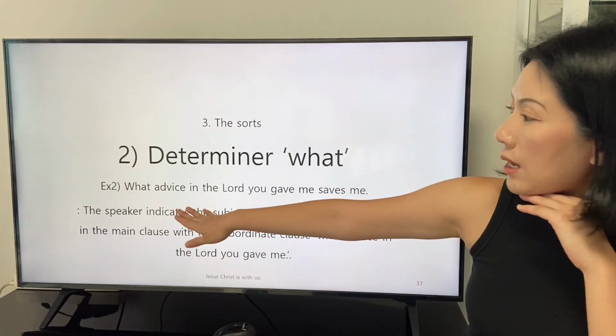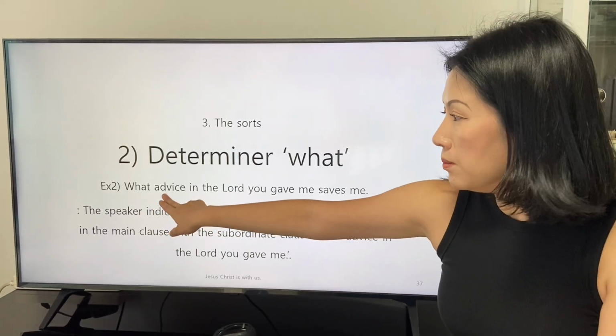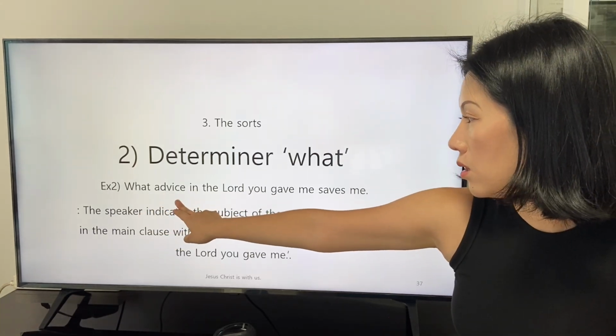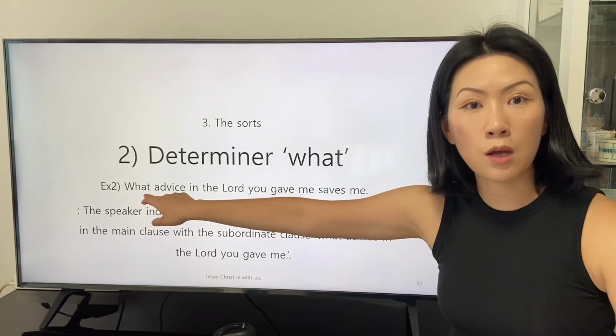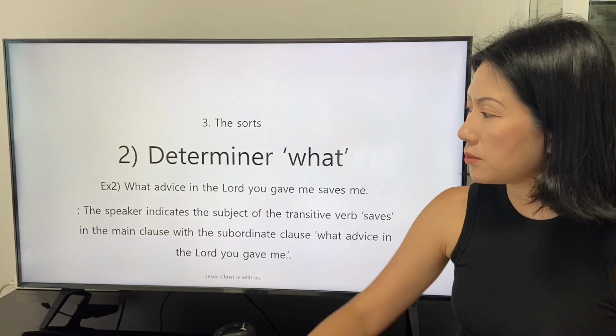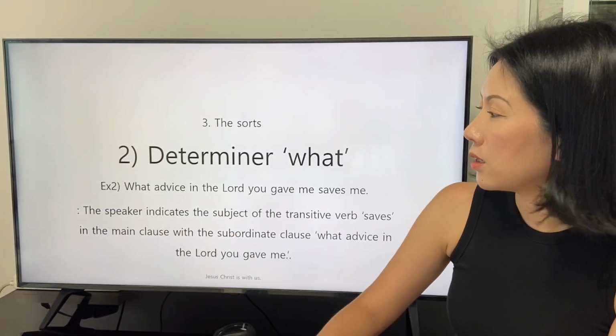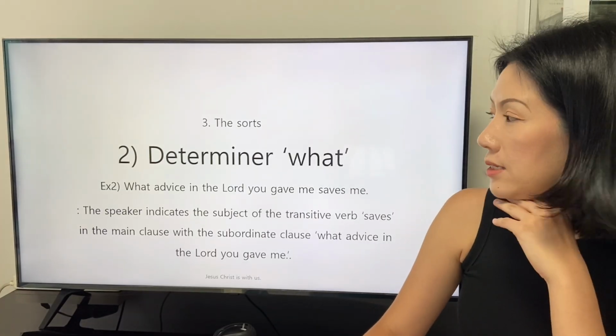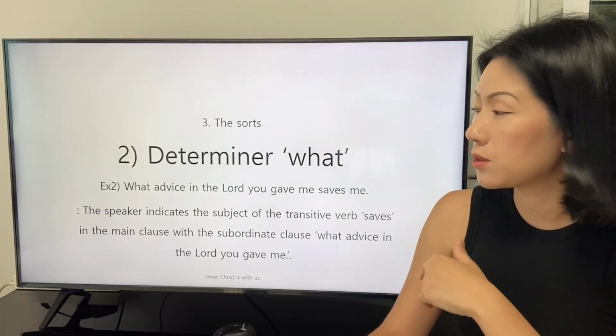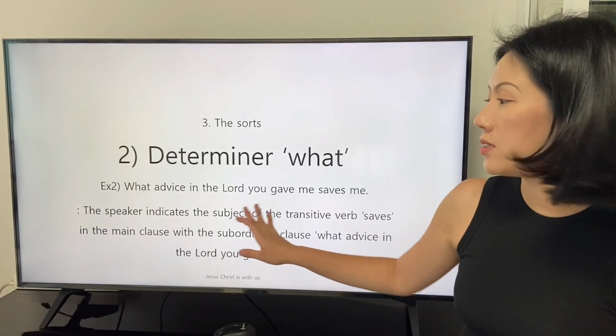In this sentence, we find that the object described by the determiner what is not a person. Let's analyze the sentence while reading this explanation.